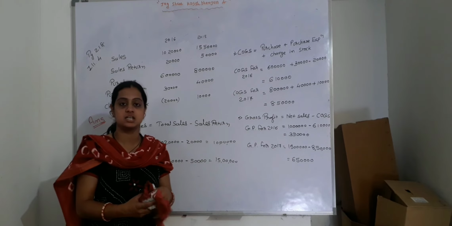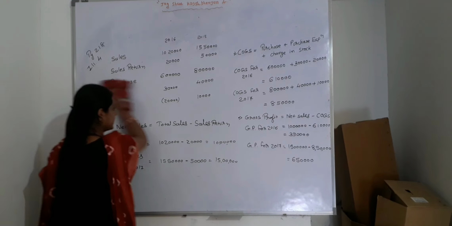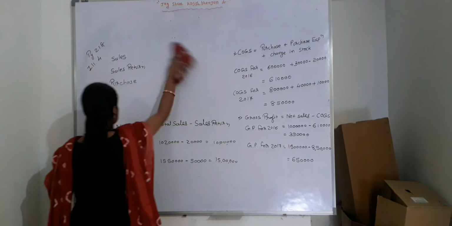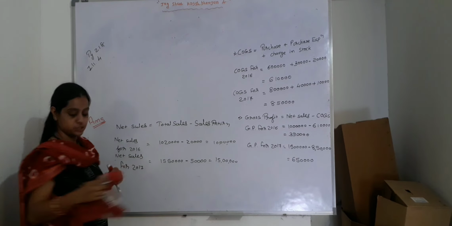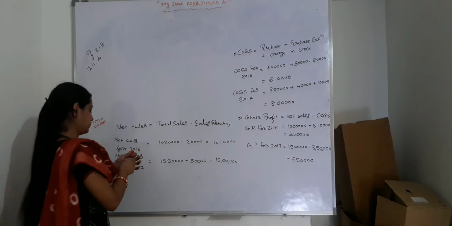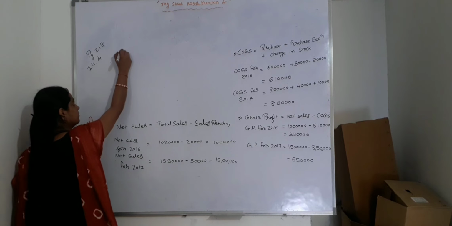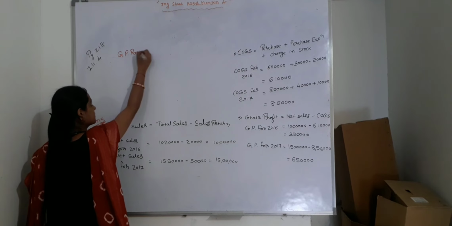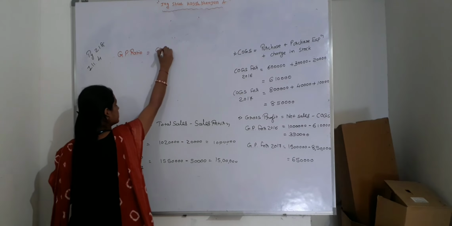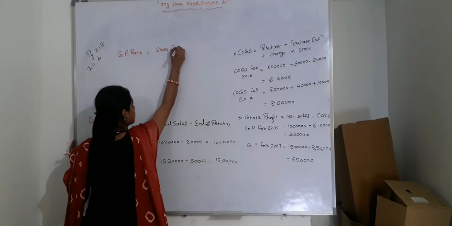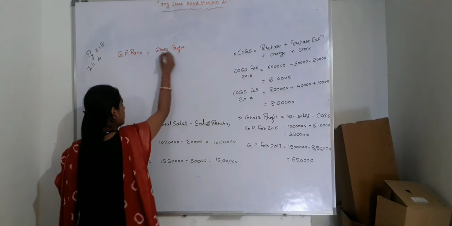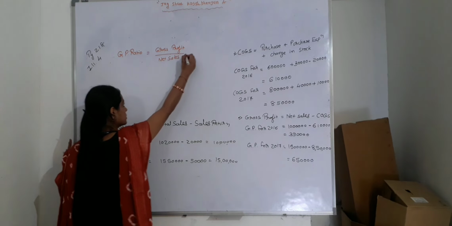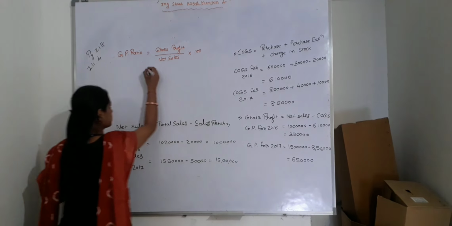Now we have both gross profit and net sales. So we can apply the formula. Gross profit ratio is equal to gross profit upon net sales into 100.